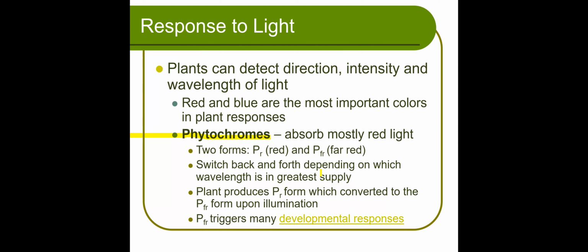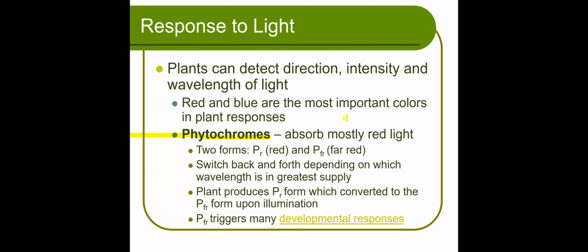Depending on which wavelength is being absorbed the most, it can trigger different physiological changes in the plants. So when the wavelength changes, they take this red form and convert it into the far red form. And what that does is trigger different things like flowering, some of your seasonal effects, things of that nature.